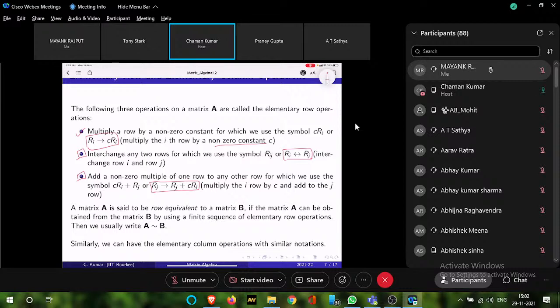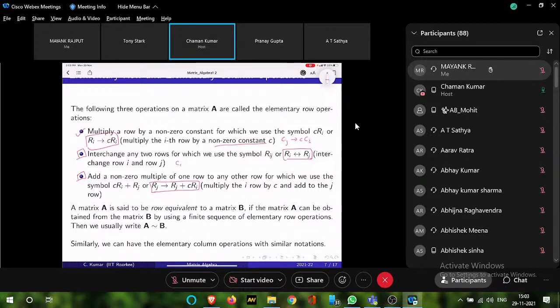For example, the column counterpart of the first operation is we can replace the jth column by some constant C times Ci, where C is a non-zero constant.